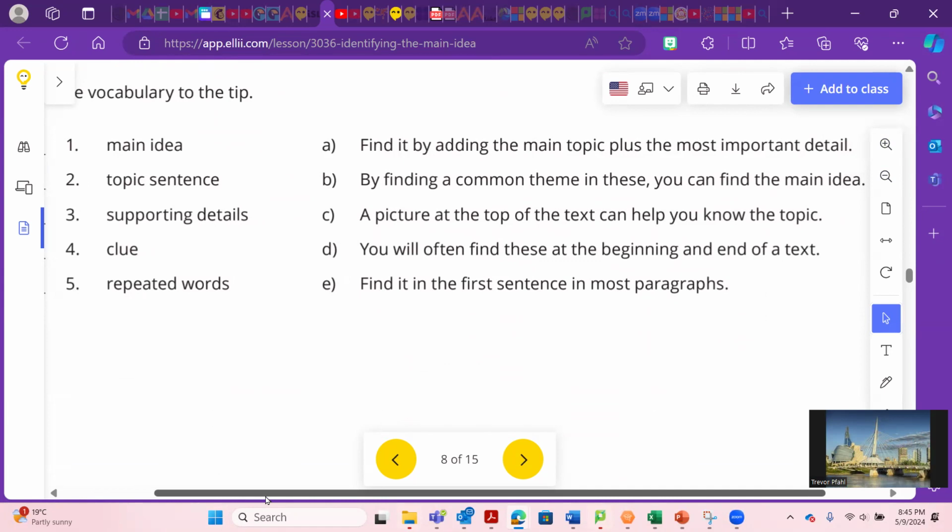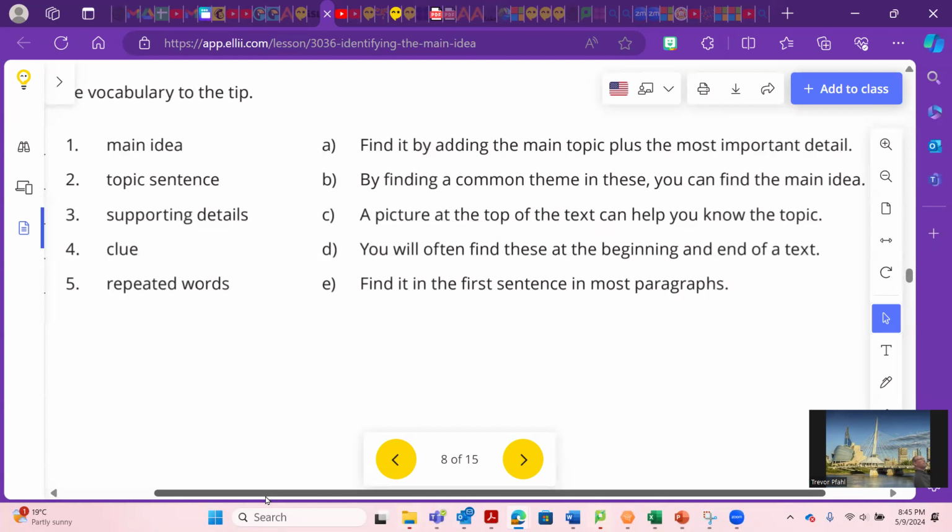Okay, so I have A, D, and E. Let's take a look at it. How do you find the main idea? We want to find the topic and the detail. That will help us understand the main idea.